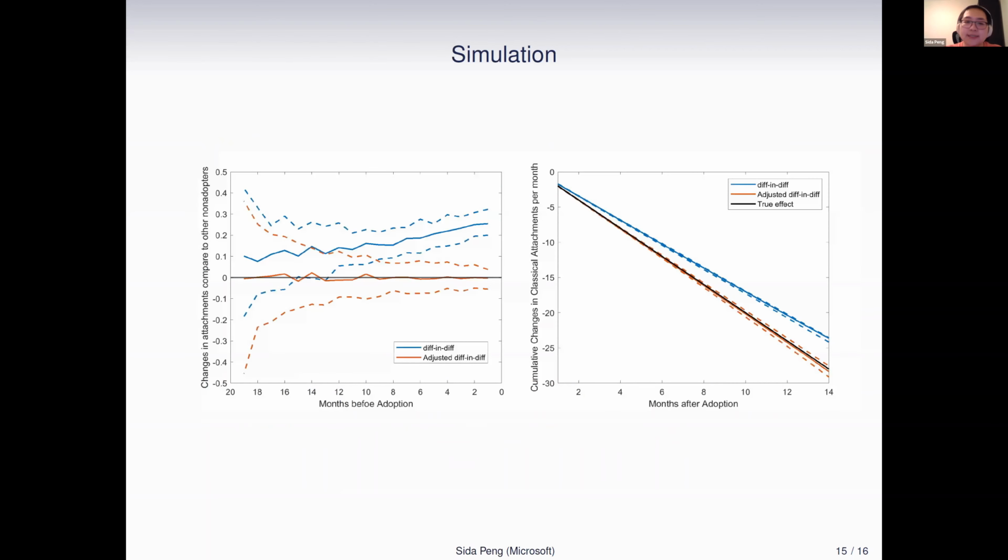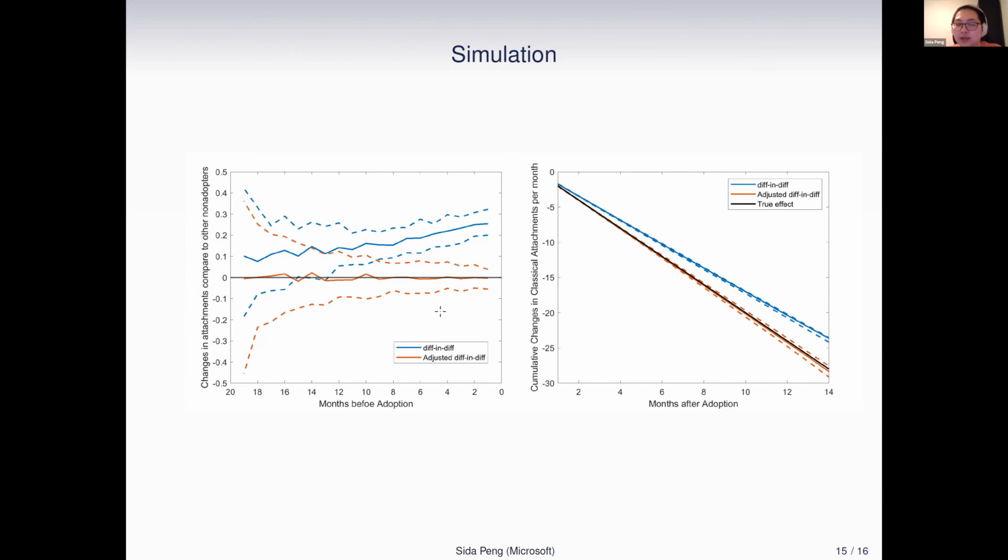So what we plot on the left is the so-called pre-trend estimates. We apply the different diff estimates right before your adoption. This is a direct estimate, like the placebo test I was talking about earlier.